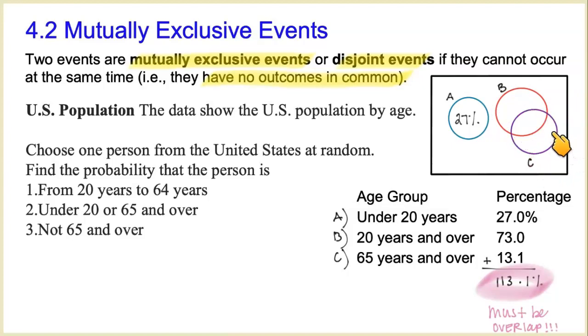We already know that in this red circle, there's a total of 73% of the population. But that total also includes the 13.1% of anyone who is 65 years and older.